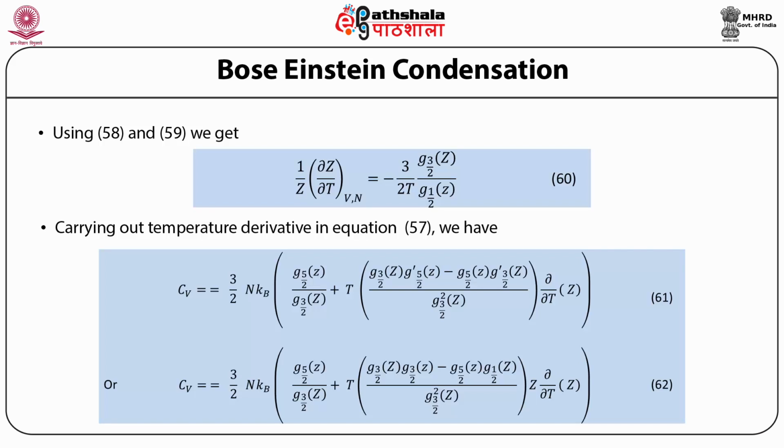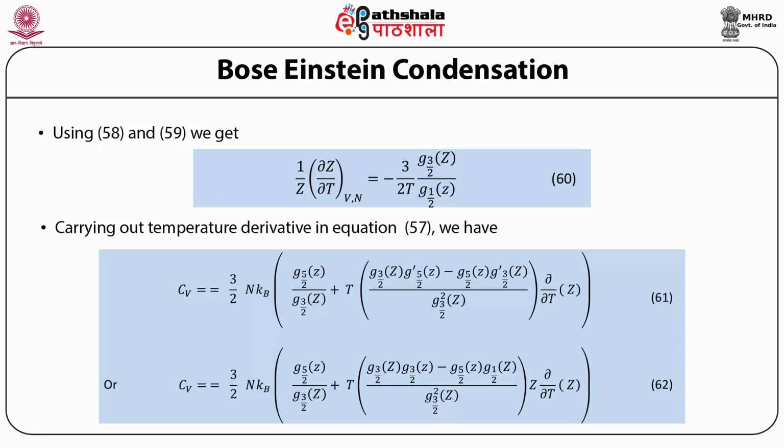Note, the second terms in this are derivatives with respect to z and are represented by dash, divided by the Bose integral of order 3/2 squared multiplied by the partial derivative of z with respect to temperature.